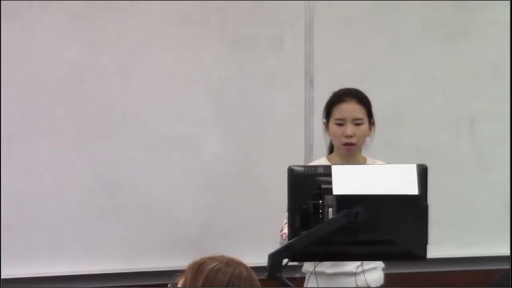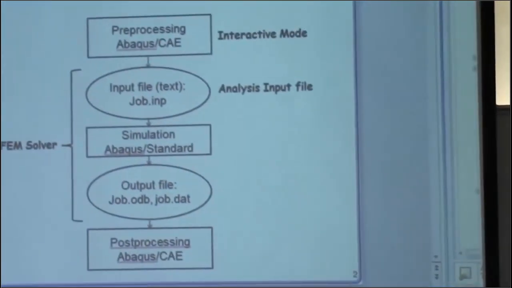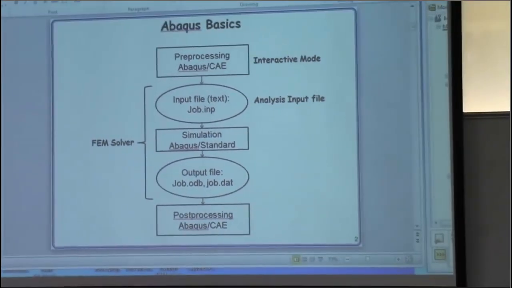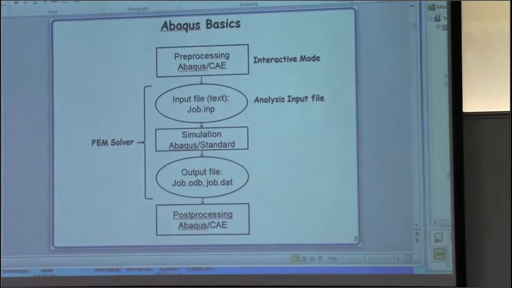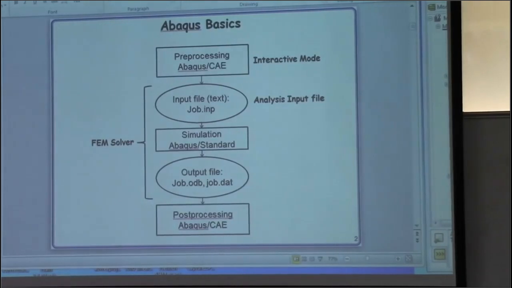Today I will give a basic introduction of ABAQUS. So these are the basics. First, we do everything on the graphical user interface in ABAQUS. You sketch your geometry, define your material properties, and apply the boundary conditions. After this is done, when you submit your job or create the input database, the input file will be generated.